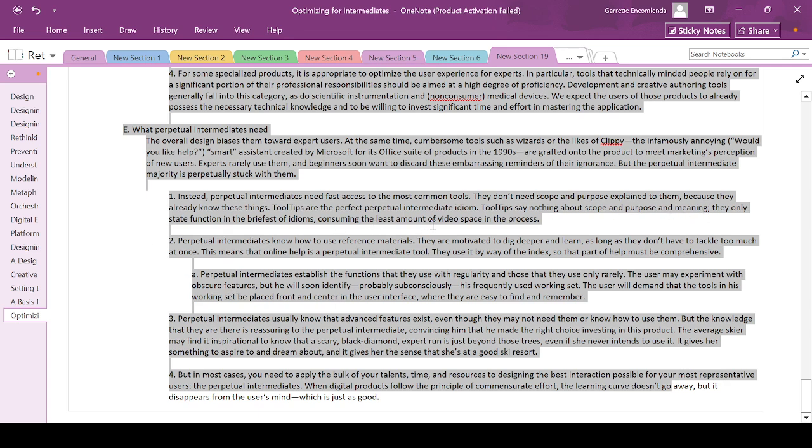Tooltips are the perfect perpetual intermediate idiom. Tooltips say nothing about scope and purpose and meaning. They only state function in the briefest of idioms, consuming the least amount of video space in the process. Perpetual intermediates know how to use reference materials. They are motivated to dig deeper and learn, as long as they don't have to tackle too much at once.